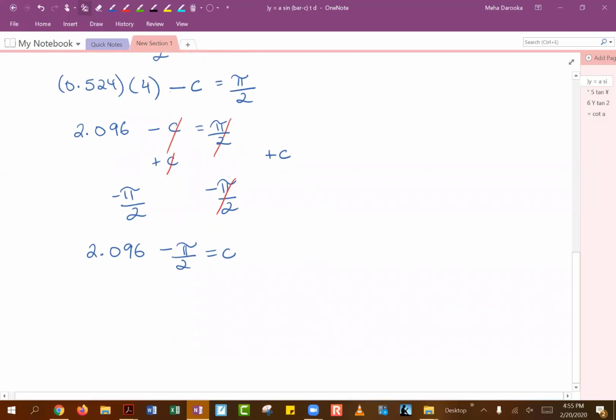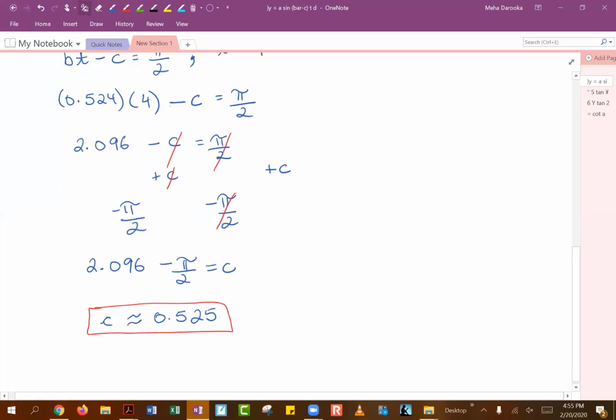So we're basically moving our c and pi halves in that equation. And then if you can just plug these values into your calculator, you will get an approximate value for c as 0.525. And this is what we are going to need to use to complete our equation.